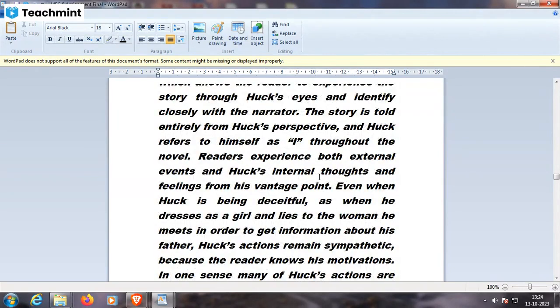Even so, we see that even when Huck is being deceitful, as when he dresses as a girl and lies to the woman he meets in order to get information about his father, Huck's actions remain sympathetic because the reader knows his motivations.